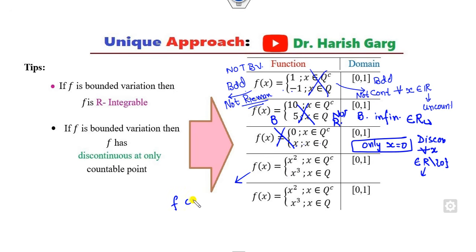This function is continuous only at x equal to 0. It means the function has discontinuities on the collection of all R minus 0. So what is the meaning of that? This is uncountable. It is not Riemann integrable, hence it is not bounded variation. So these are the same, and none of them is bounded variation.